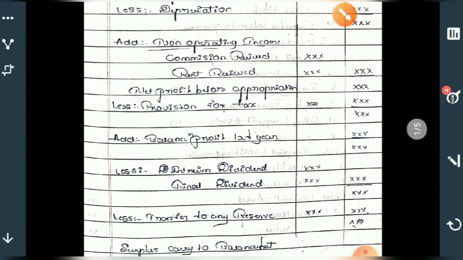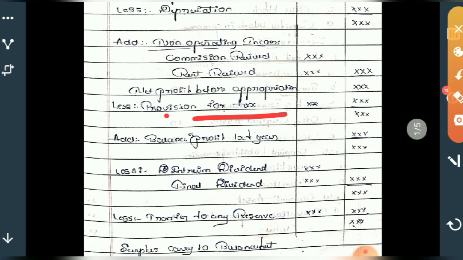Now you have to appropriate the remaining balance. You might have prepared a profit and loss appropriation account, where how the net profits are used is considered. In the same way you have to appropriate here.